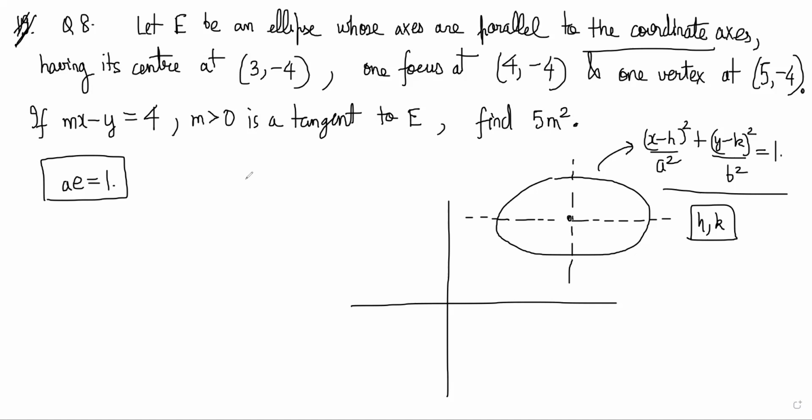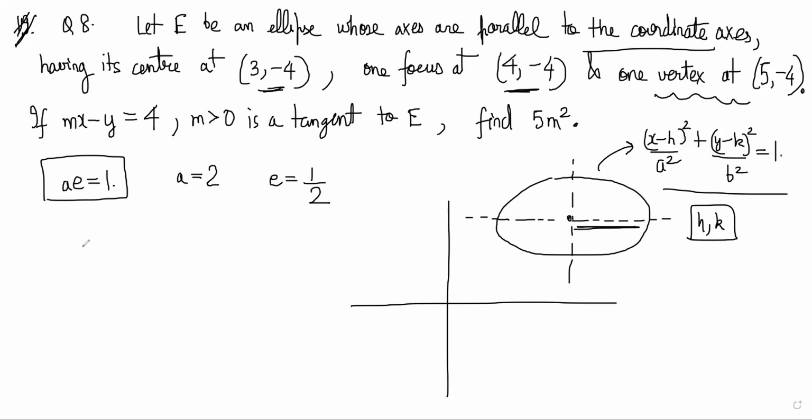AE is 1, we got from here because this point is the center and this is the focus. One vertex is (5, -4), so this distance is also known. So A is 2. So E is half.